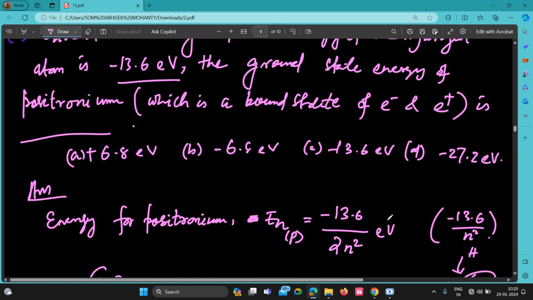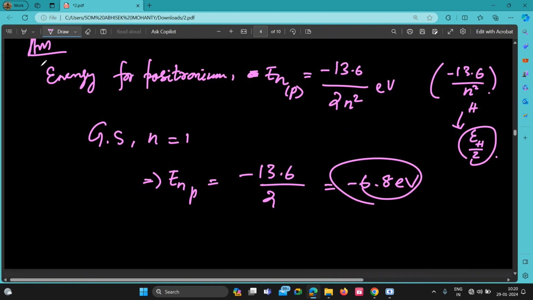The next question is another that comes very repetitively in exams. This is question number 17.